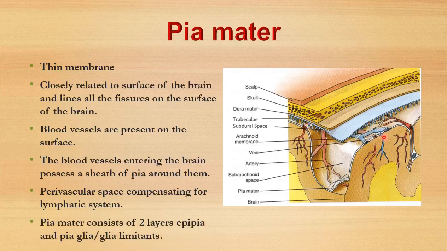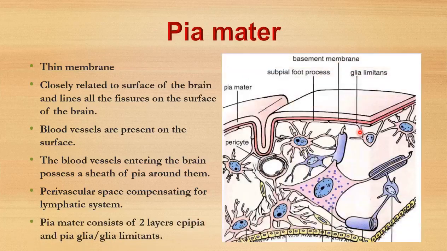Okay, so two layers: one is the epipia and the other one is the pia glia limitans. So here you are able to see the Pia Mater is made up of epipia, and then the pia glia limitans, which is mainly formed by the limiting glial membrane by the foot plates of these astrocytes.